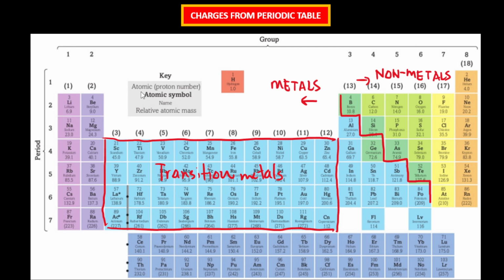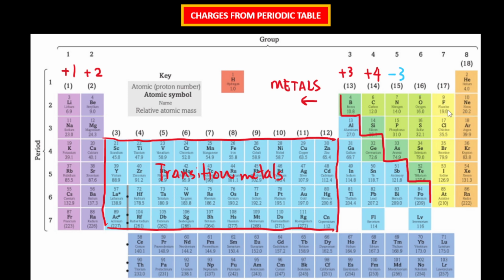But for the charges from the periodic table, you should know that group 1 has a charge of +1, group 2 has a charge of +2. Group 3 has a charge of +3, and group 4 has a charge of +4, but group 5 has a charge of -3 because group 5 elements want to gain 3 electrons to get a stable electronic structure.